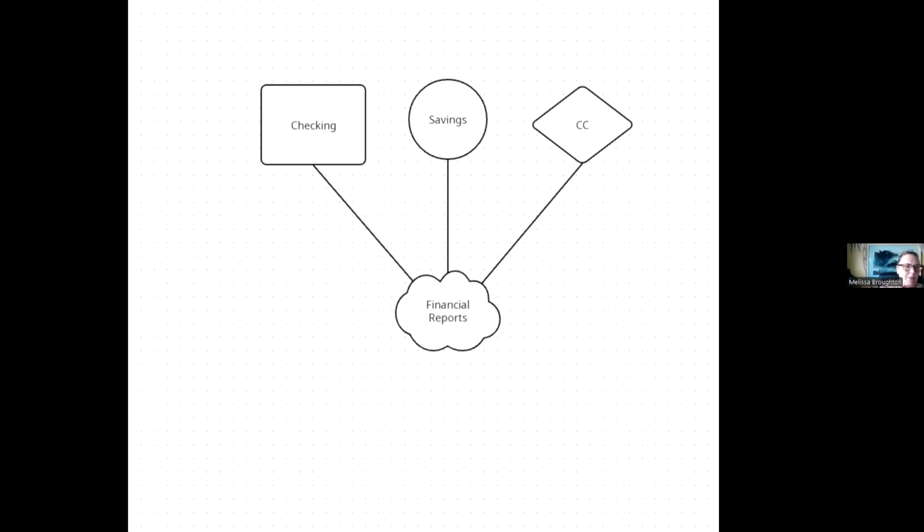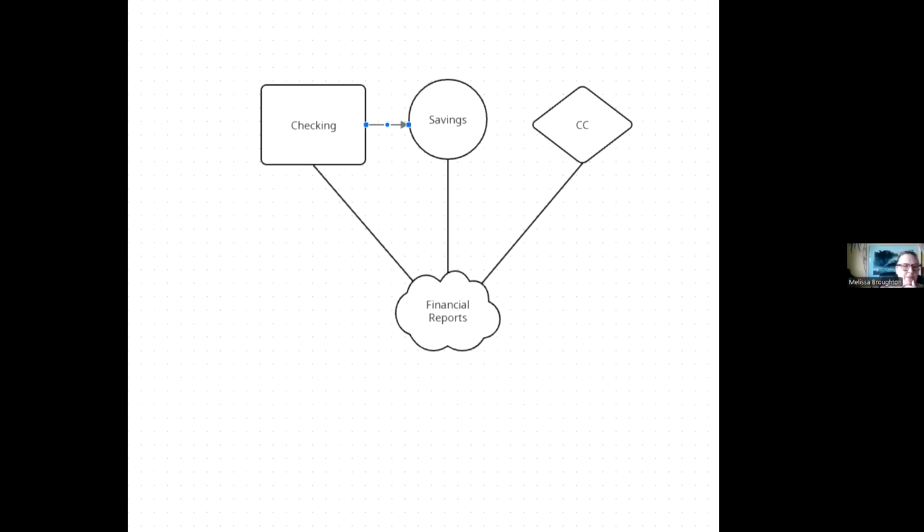So, maybe you have a client who, let's see, where are my arrows? So maybe you have a client who takes their money, and this is an excellent plan to build your savings for your business. When they have income, of course, they keep a minimum amount in their checking account that they need to operate for just upcoming expenses that their business will have.